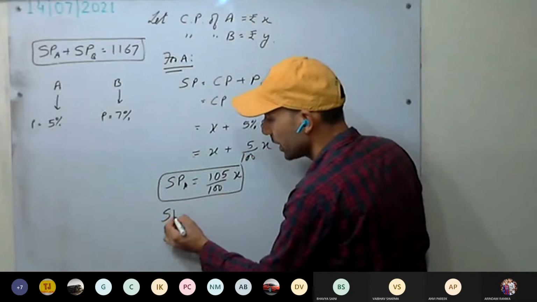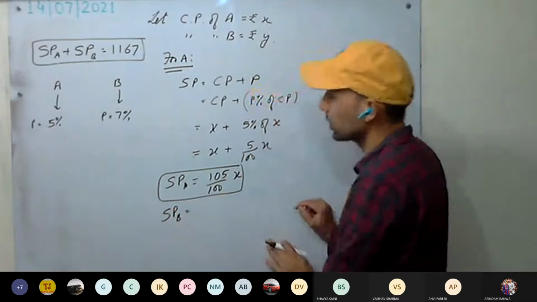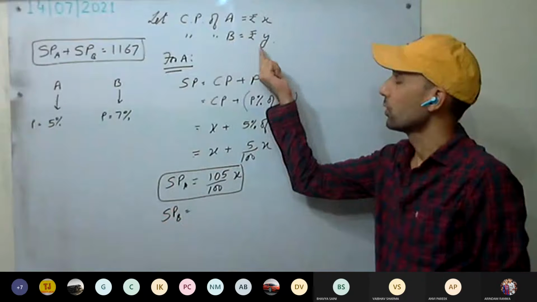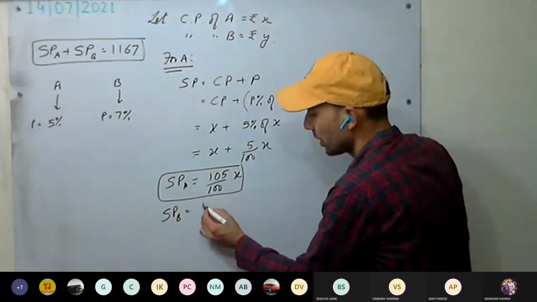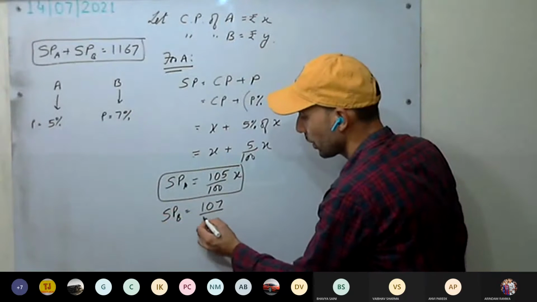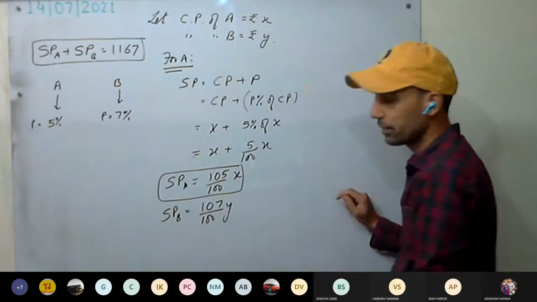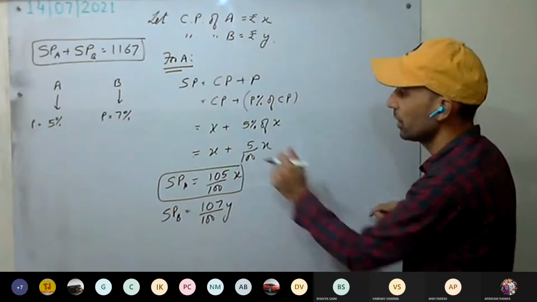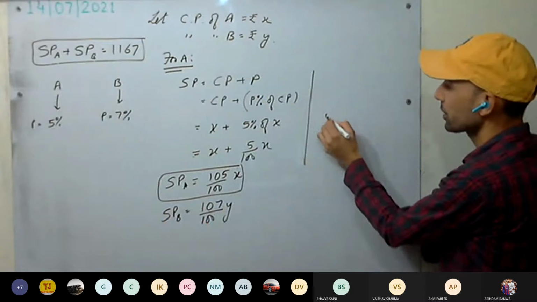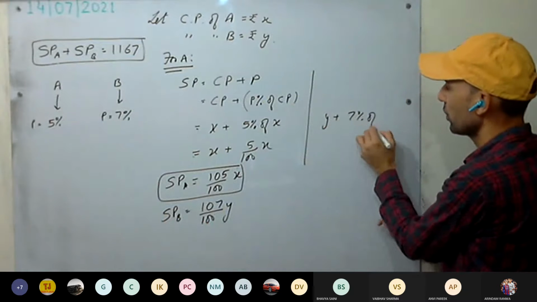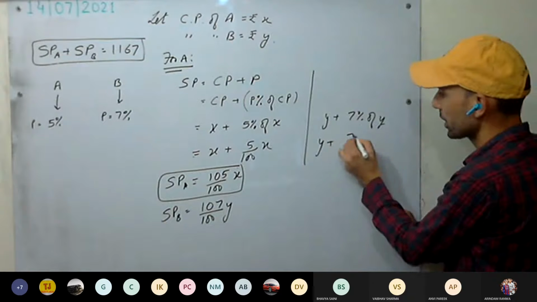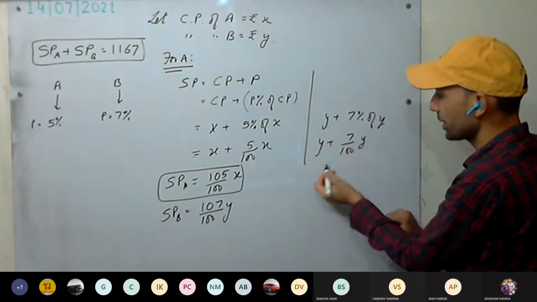Similarly, you will calculate selling price of B. It will be how much? If 7% is there, 107. 107 upon 100 Y. You'll get this one? Yes or no? Similarly, we do this one. Y plus 7% of Y. Y plus 7 upon 100 of Y. Take the LCM.